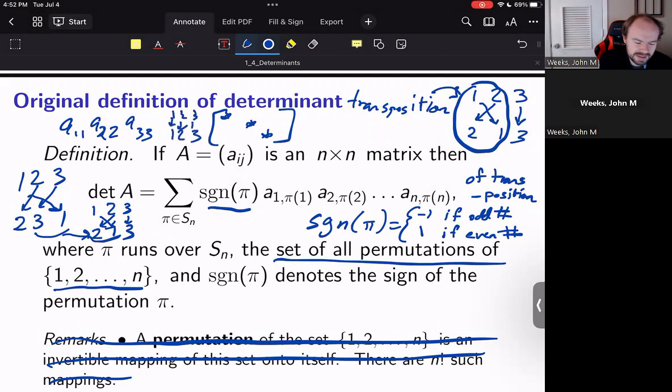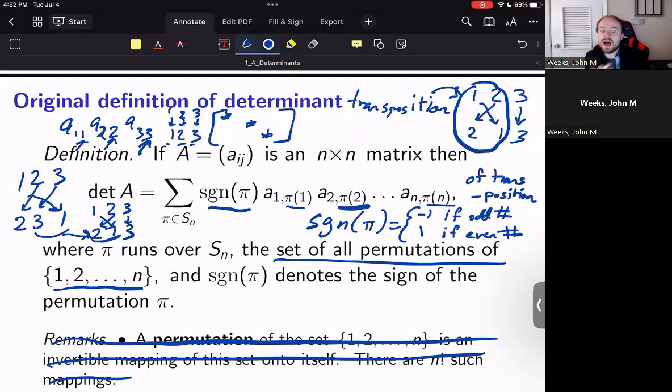Everything just gets sent to itself. Because what we see here in this formula is, where does 1 get sent to by this permutation? Here, it just gets sent to 1. Where does 2 get sent? It gets sent to 2. Where does the last one get sent? It gets sent to 3. And that's why it's A11. This is pi of 1, this is pi of 2, and this is pi of 3. So this is where those sorts of formulas come in.